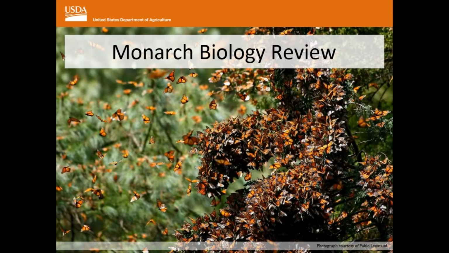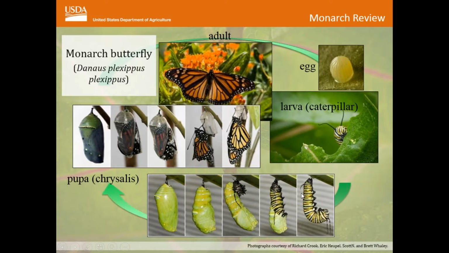So that's created within federal agencies a lot of new programs related to monarch, and in NRCS we have quite a few of our own that we'll talk about a little bit more.